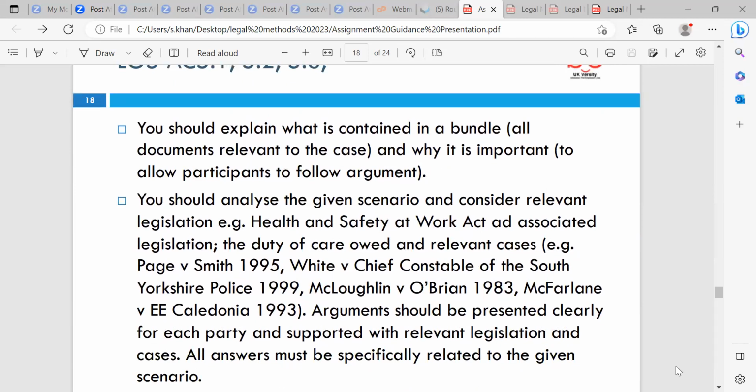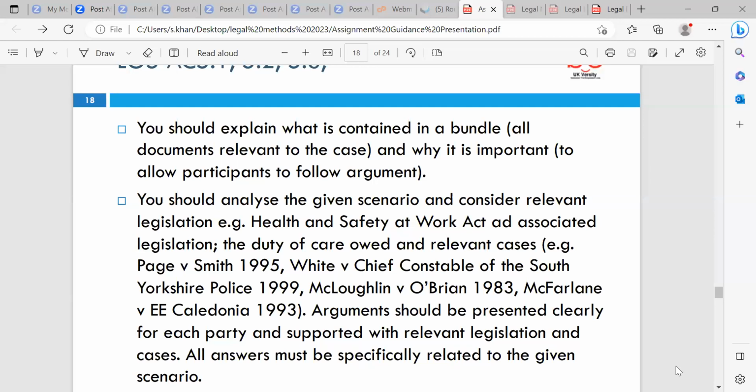You should explain what is contained in a bundle, all documents relevant to the case, and why it is important to allow participants to follow an argument. You should analyze a given scenario and consider relevant legislation, like the Health and Safety at Work Act, associated legislation, the duty of care owed and relevant cases.